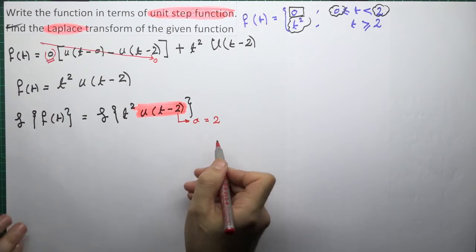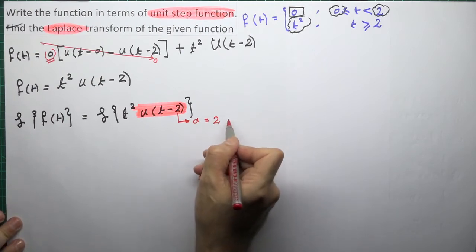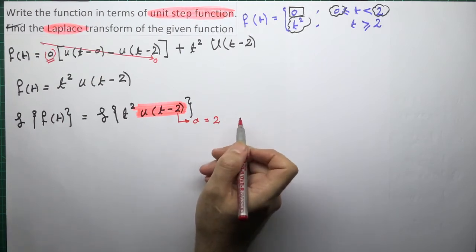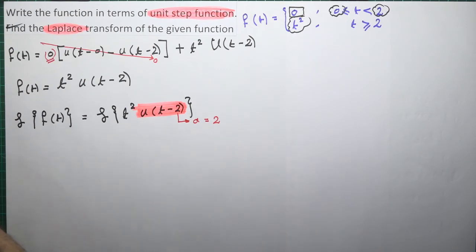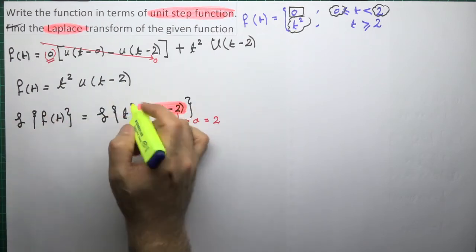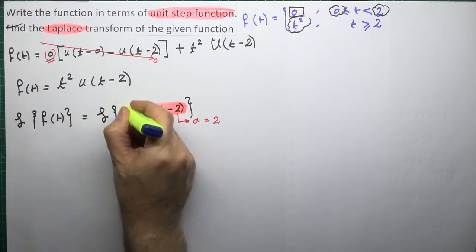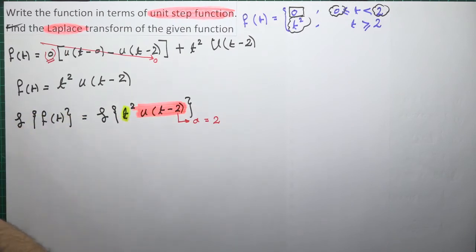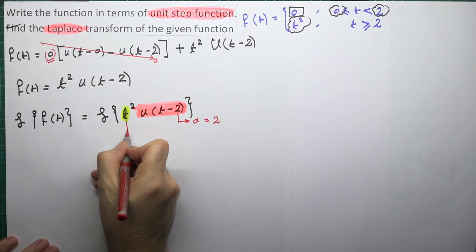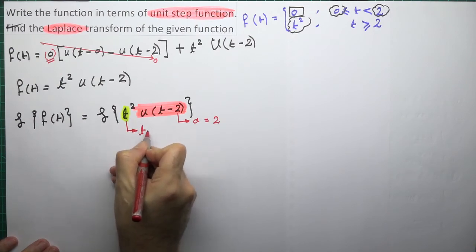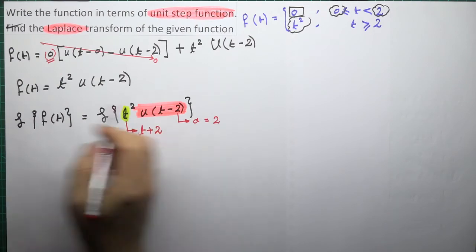So consequently keep in mind that we will multiply by e to the minus 2s. والشيء الثاني اللي لازم نقوم فيه إنه we will replace this t by t plus 2.